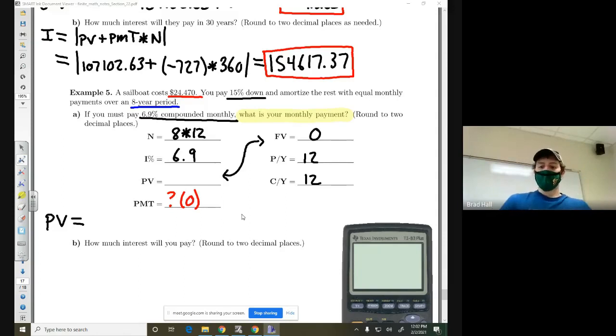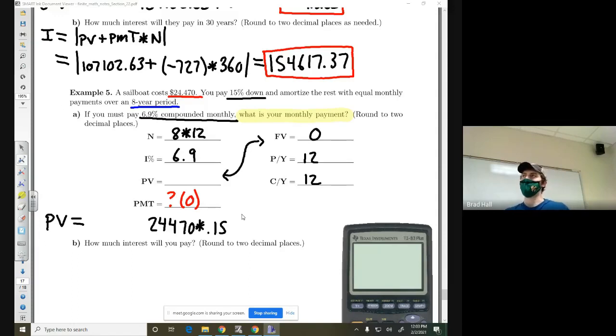So what we have to do, it says 15% down. So we can figure out 15% of 24,000. 0.15, that's how we find 15% of the 24,000. But that's the part we don't put into the TVM process.